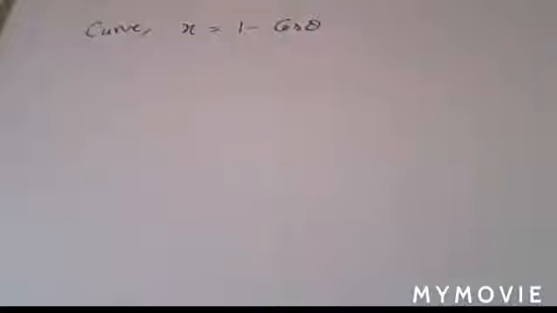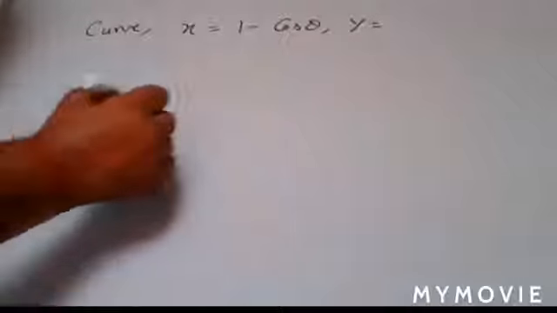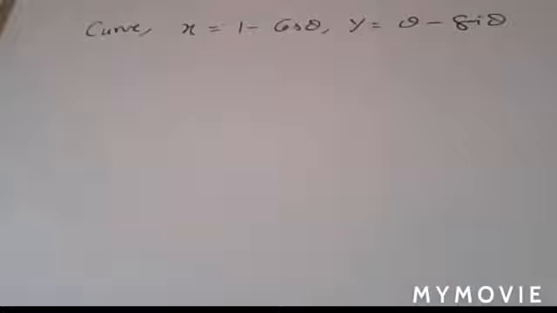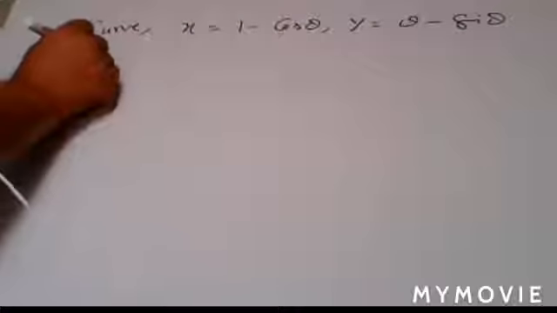Find the equation of tangent to the curve x is equal to 1 minus cos theta, and y is equal to theta minus sine theta. Understand? Here you have a curve at theta is equal to pi by 4.